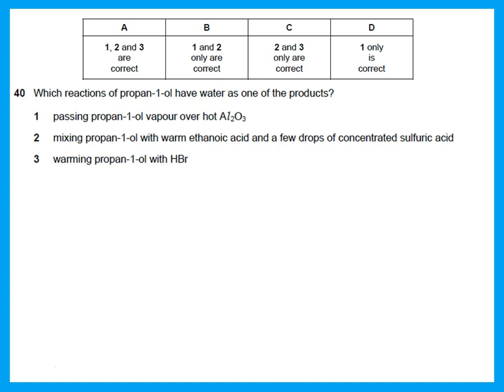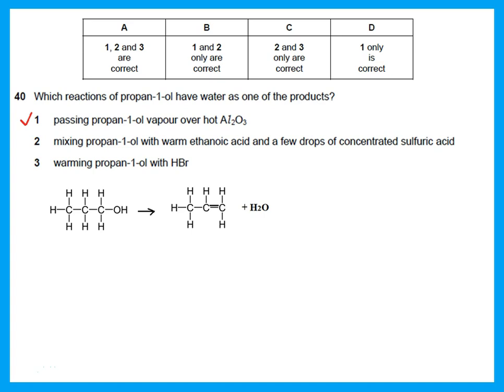The last question, which reactions of propanol have water as one of the products? He wants to pass propanol over hot aluminum oxide. When you have propanol with hot aluminum oxide, what happens? It is a dehydration. You remove H and OH, and one of my products is water, so that is correct.